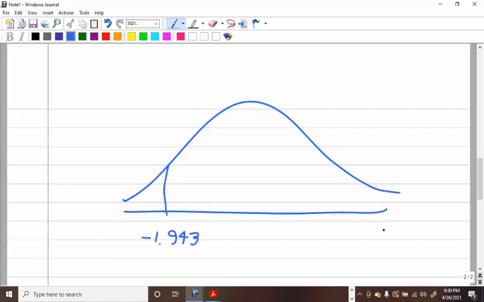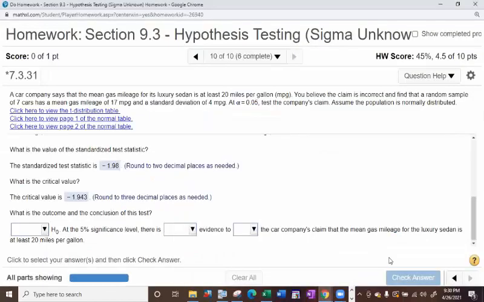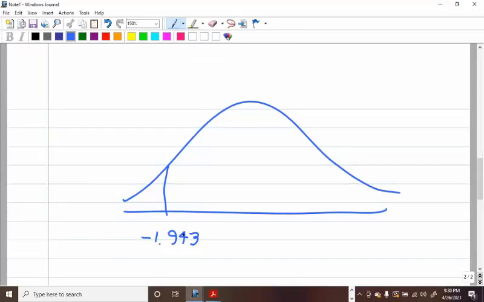Double check that. Yeah, this is tricky. Negative 1.98 is just barely inside the rejection zone.